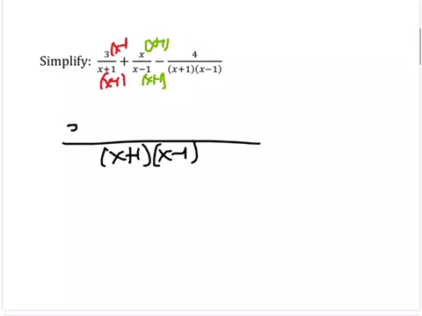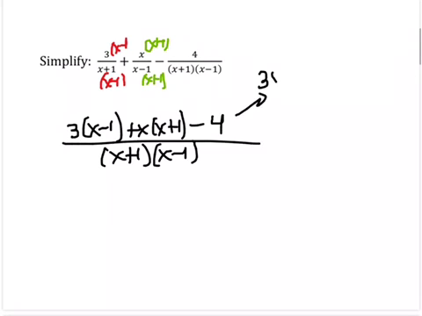So the numerator becomes 3 times x minus 1 plus x times x plus 1. And the 4 doesn't do a thing, so minus 4. So I'm going to work that over here on the side. So I get 3x minus 3, and then this distributes, so I get plus x squared plus x, and then minus 4.